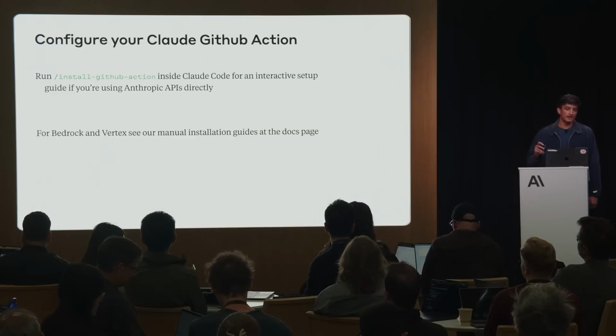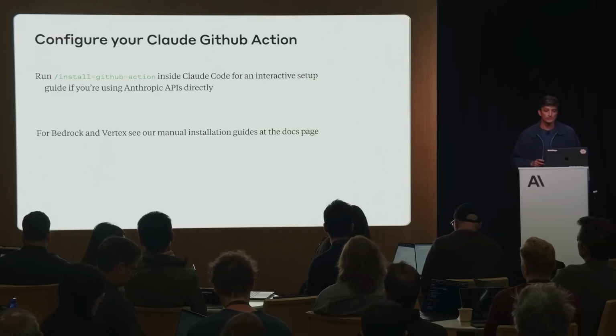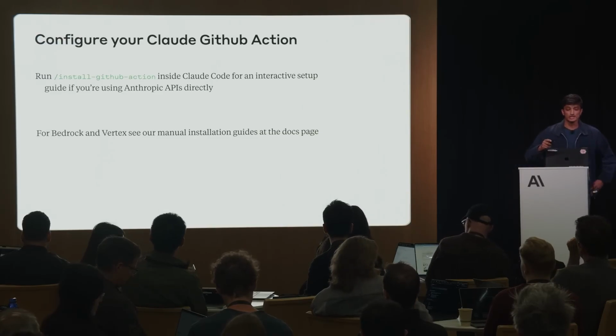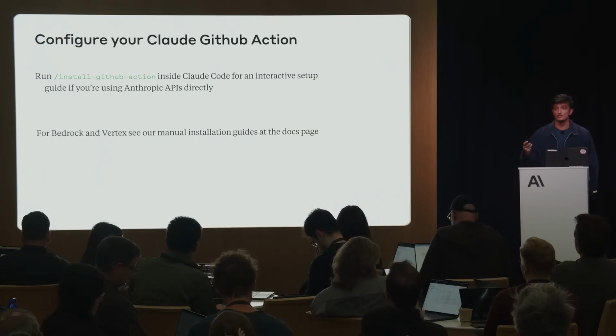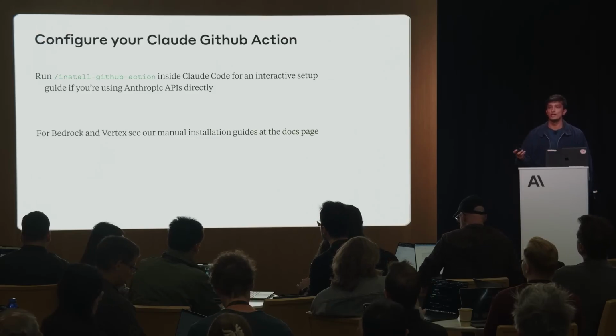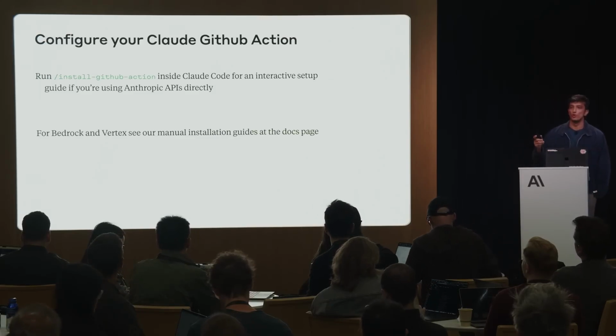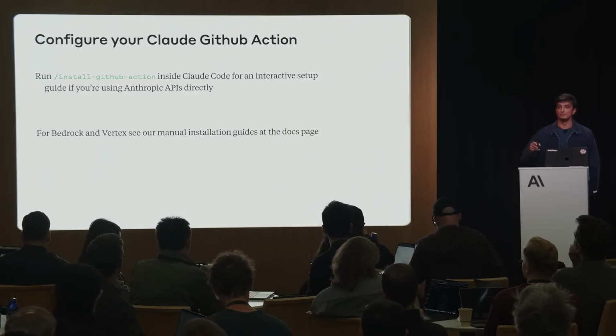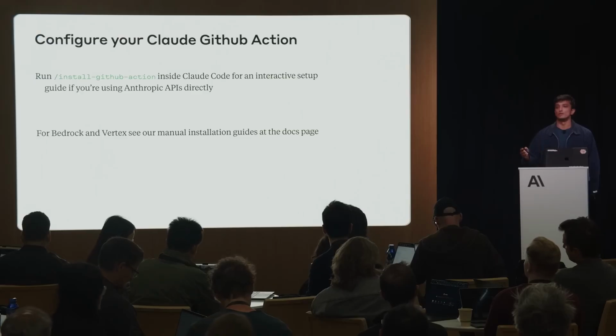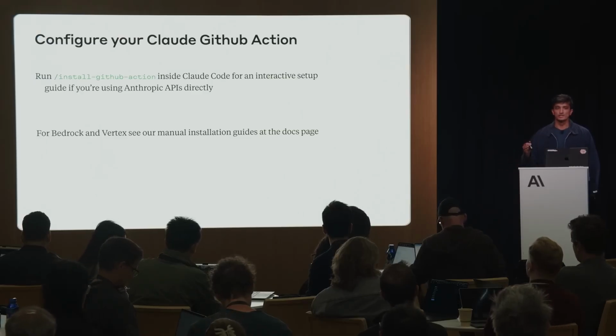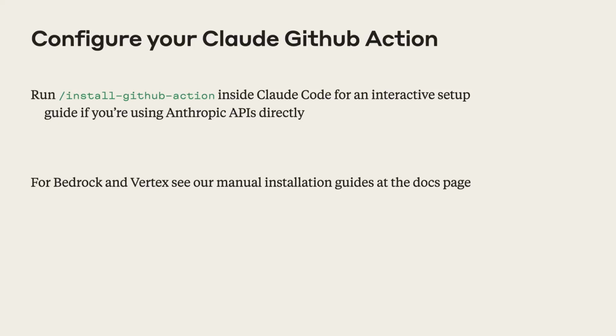Yeah, and then finally, you guys can install the Claude GitHub Actions today. The easiest way to do this is to open up Claude Code in a terminal in the repo that you want to install it in. And once you open up Claude Code, just do /install GitHub Action.